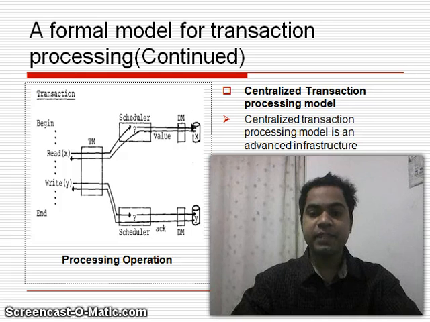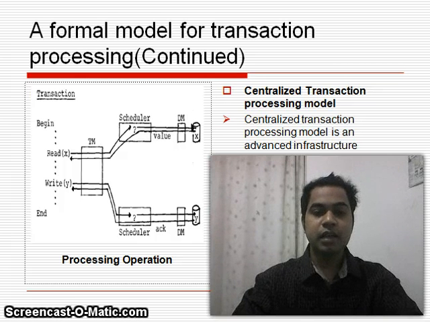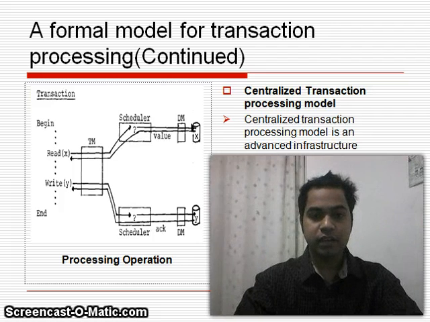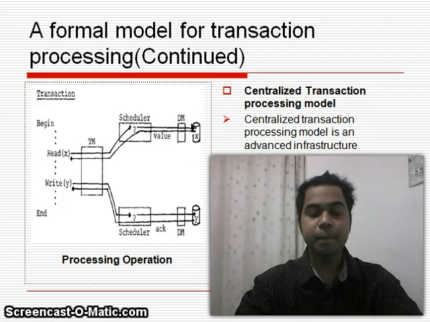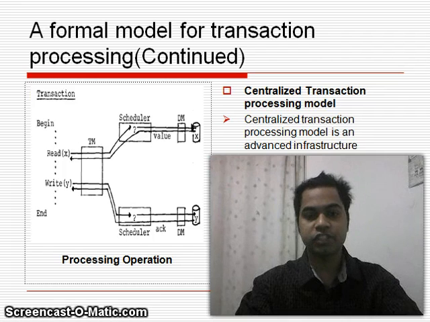In a DBMS system, a transaction occurs through begin, read, write, and end operations, and those operations are basically handled through TM and DM. TM means transaction manager, which monitors all transactions. DM means data manager, which monitors all data-related transactions.